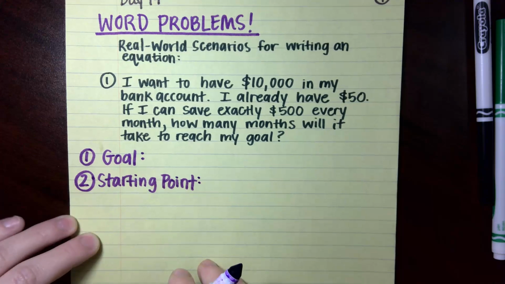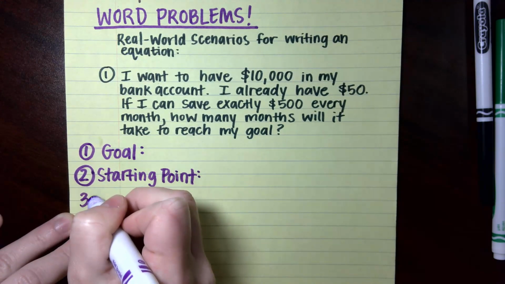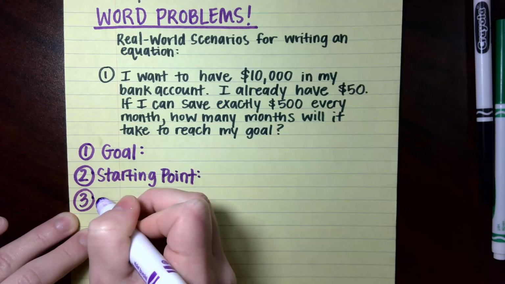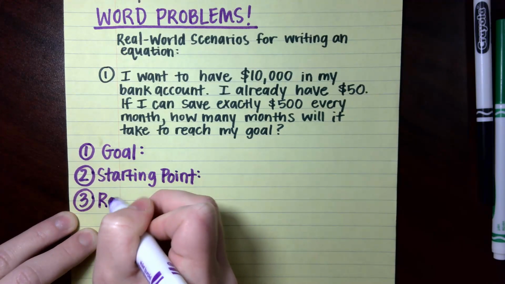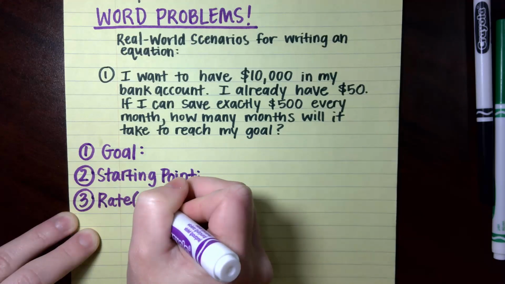And the third thing we want to identify is the rate. And I'll explain what that means. In parentheses next to rate, I'm going to tell you it's going to be our slope.